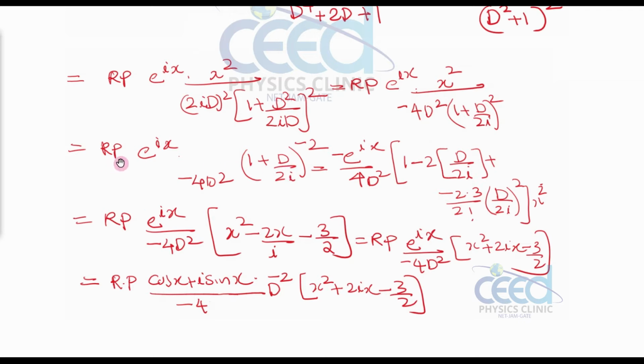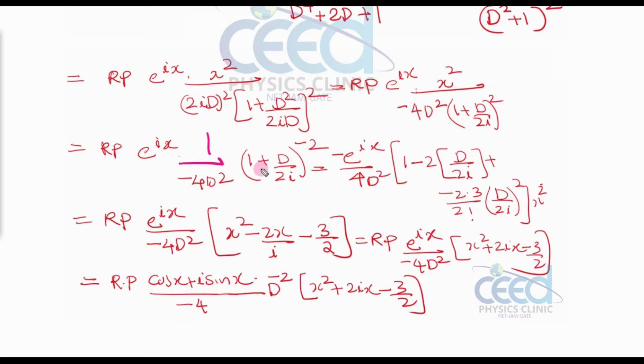Here there is an error. So this is 1 by minus 4d square. The real part is here, e raised to ix is here, and minus 1 by 4d square out. This I can take to this side, then 1 plus d by 2i whole raised to minus 2.